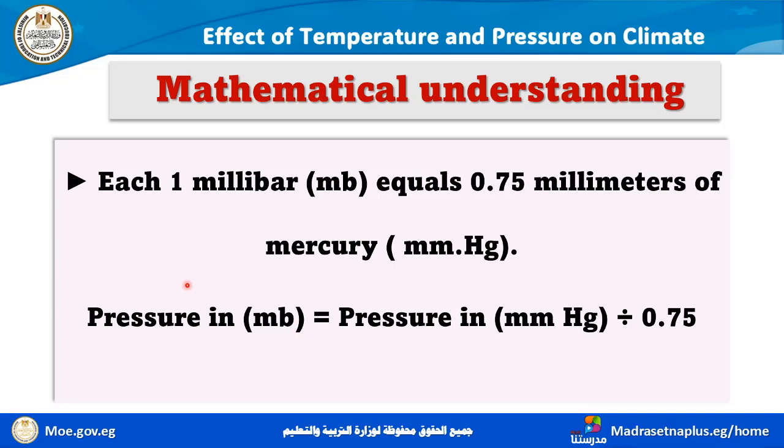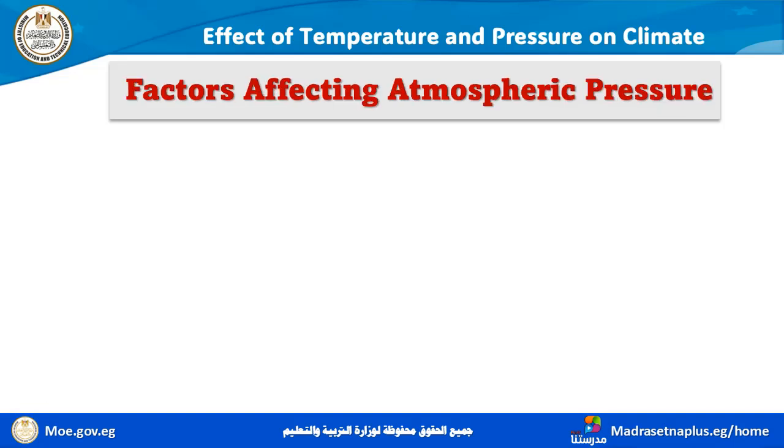If we have the value of the atmospheric pressure in millibars and we want to convert this value into millimeter mercury, we divide by 0.75. What are the factors affecting the atmospheric pressure?